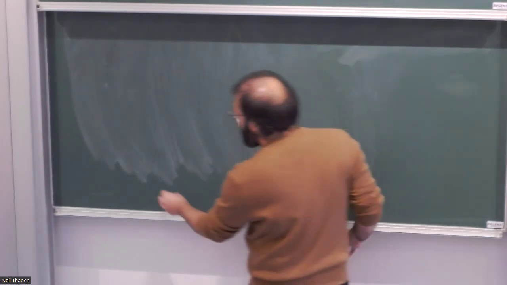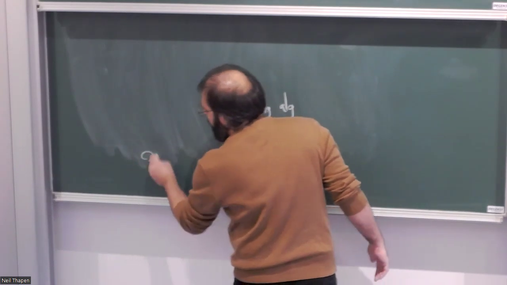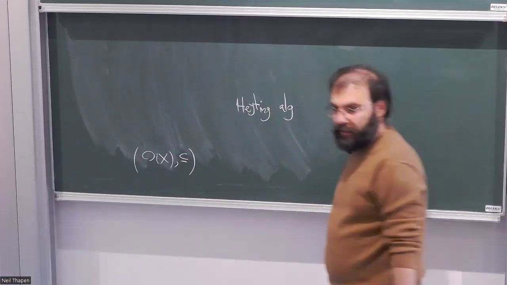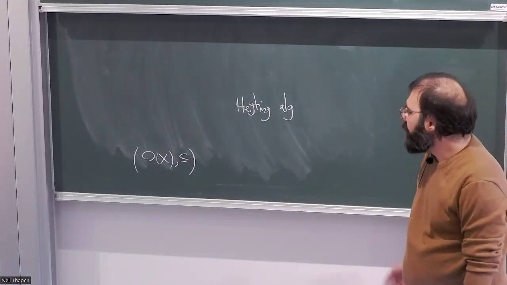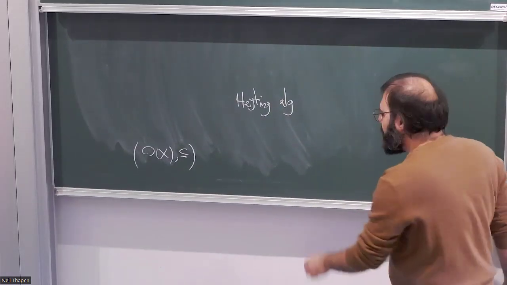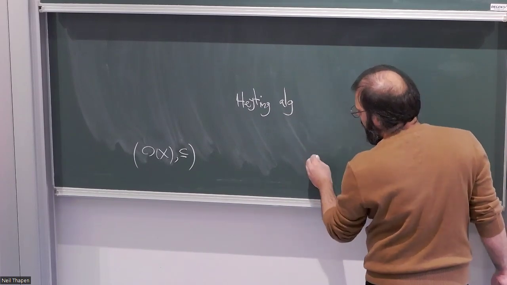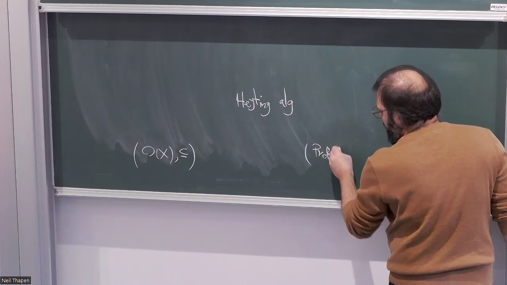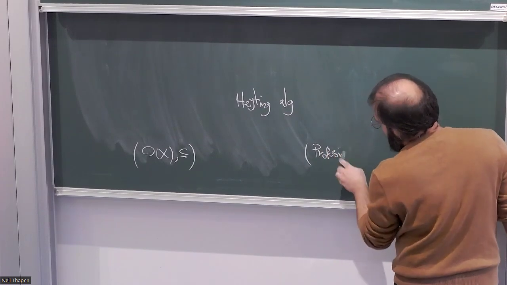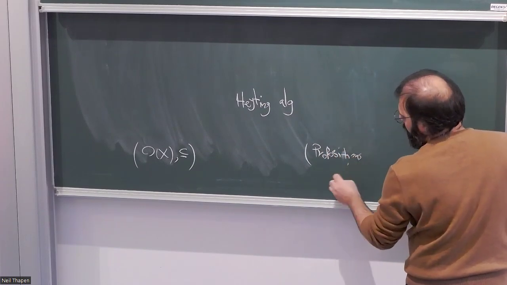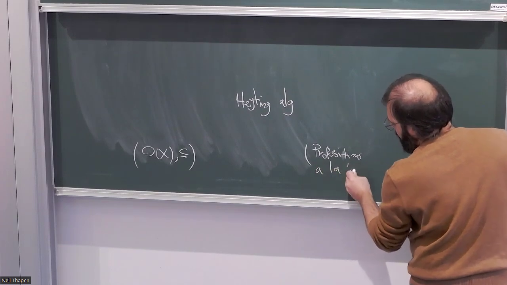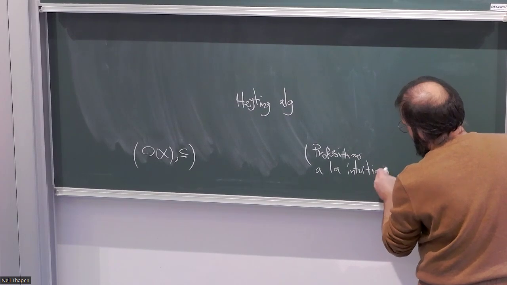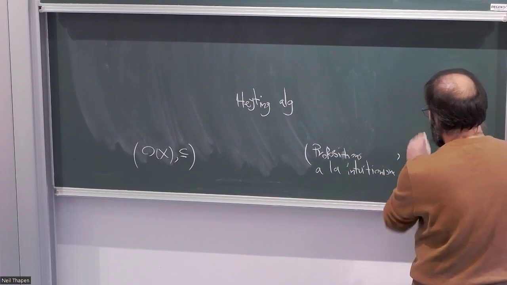And then we saw some examples, right? For any topological space, this guy is a Heyting algebra, right? There is another one, and if you know logic, then the set of propositions, say in intuitionism and provability.